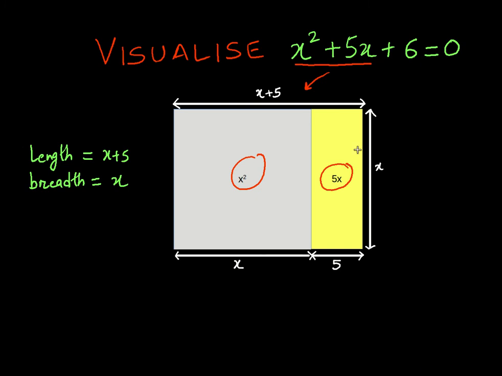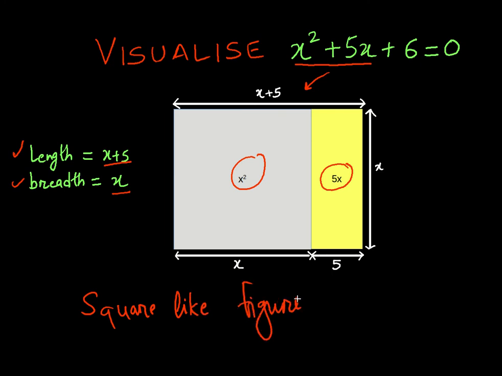By doing this combination, we get a new rectangle with length x plus 5 and breadth x. In the completing the square method, we convert this rectangle into a square-like figure.